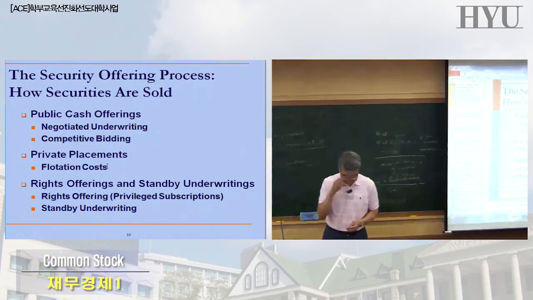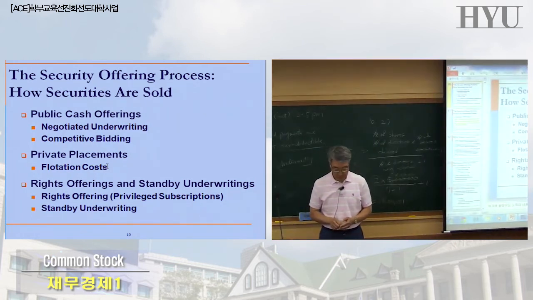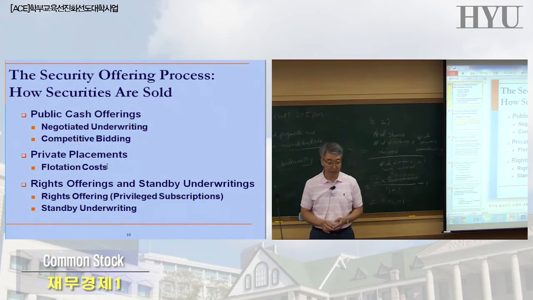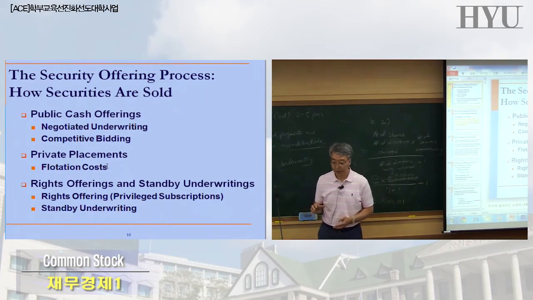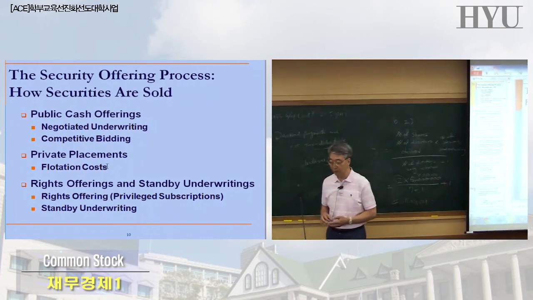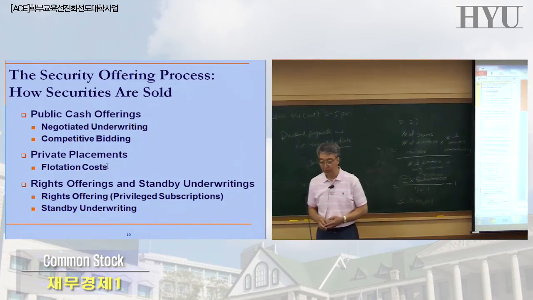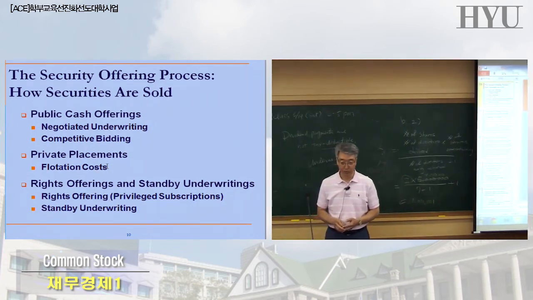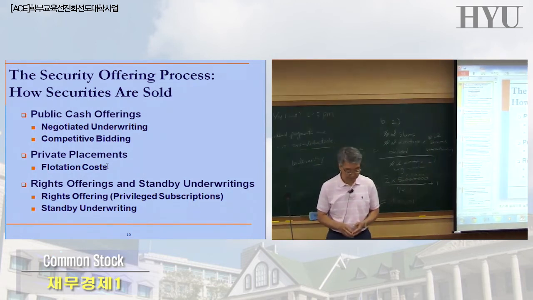But that's mostly for publicly regulated companies. The whole purpose is to protect the general public, because something like LH is a public company, so you need to protect the interest of the general public.